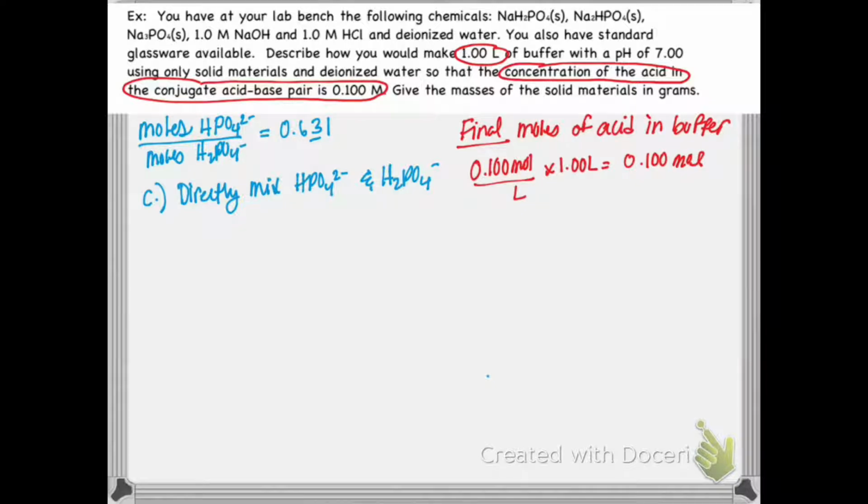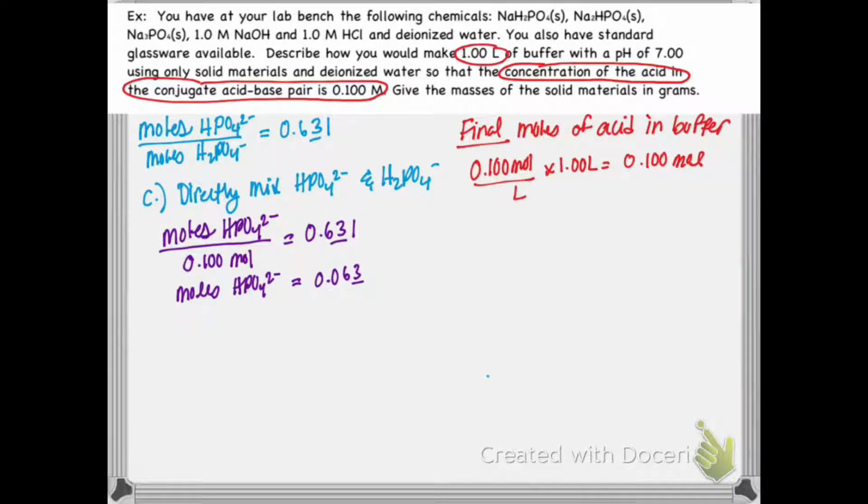Well, we can use the mole ratio that we calculated in step B. So we know the moles of our base, HPO4 2 minus, divided by the moles of our acid, which we know we want in our buffer, 0.100, that's what the problem tells us. That equals 0.631, the mole ratio. So therefore, doing our simple multiplication, the moles of the base component we want in the buffer is 0.0631 moles.